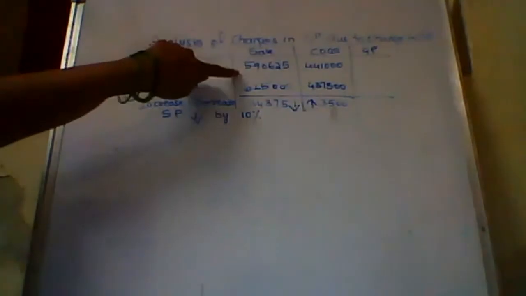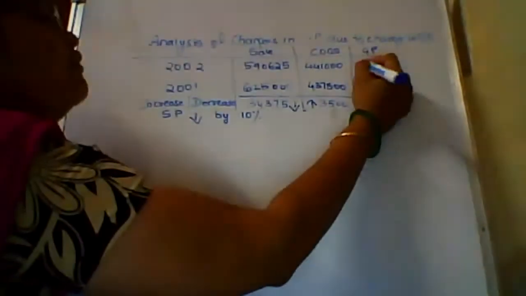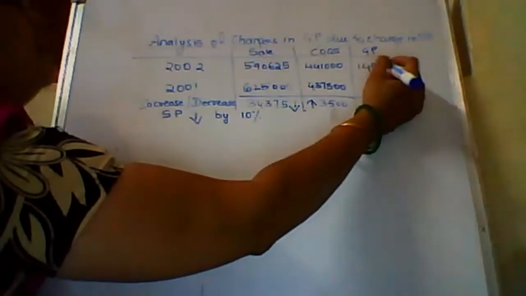Now find out the gross profit, which is sales minus cost of goods sold. Gross profit will come to 1,49,625. What about the 2001 gross profit? 1,87,500.